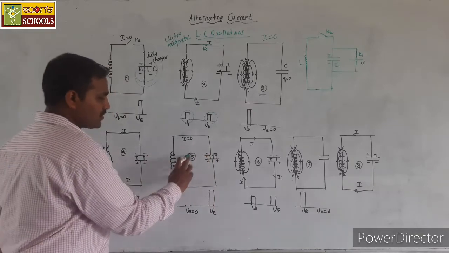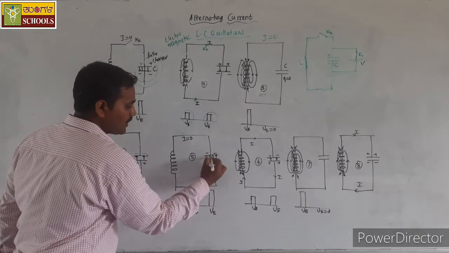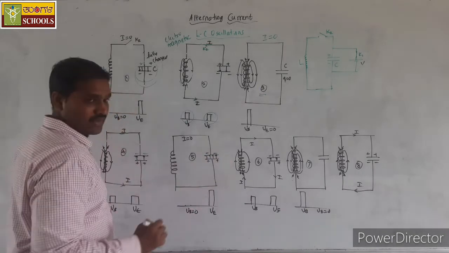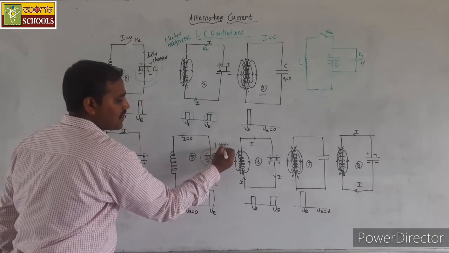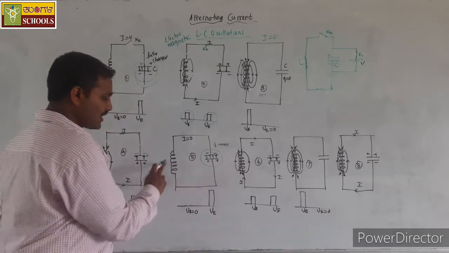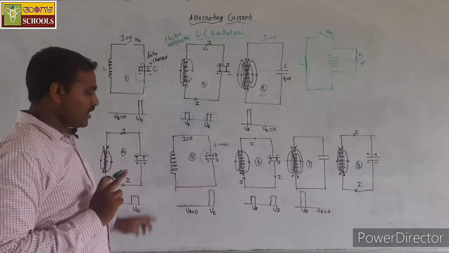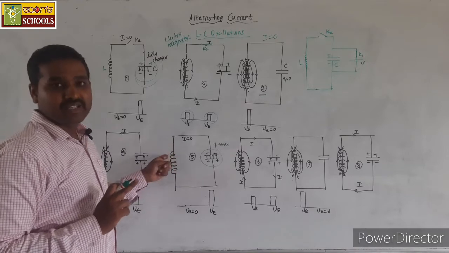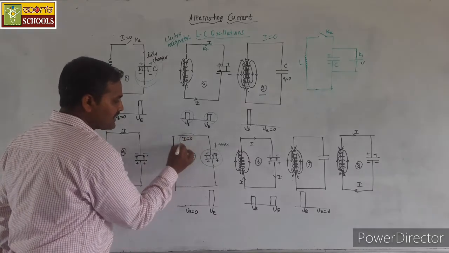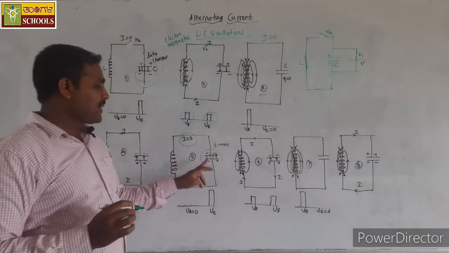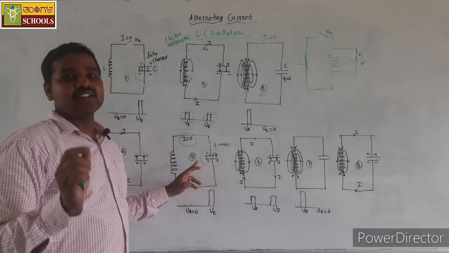You can observe in step 5 we have more electric field lines shown here. That indicates Q is maximum, the charge is maximum, and the flux will be 0. All the magnetic flux is depleted here, so at this point of time the current is again equal to 0. When the capacitor is completely charged, the current stops.